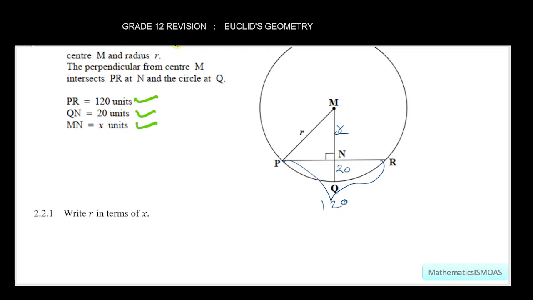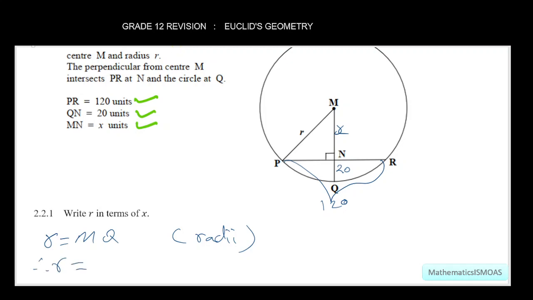So both MP and MQ are lines drawn from the center of the circle to the circumference. Therefore, those two lines will be equal. Then we can say R will be equal to MQ, and the reason for that is radii. R is a radius, MQ is also a radius.